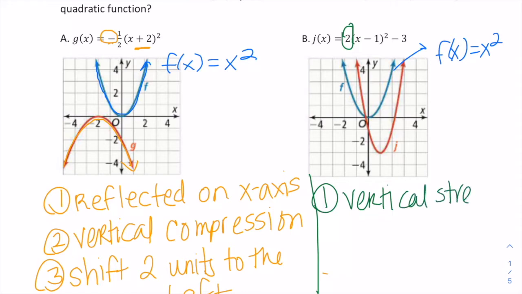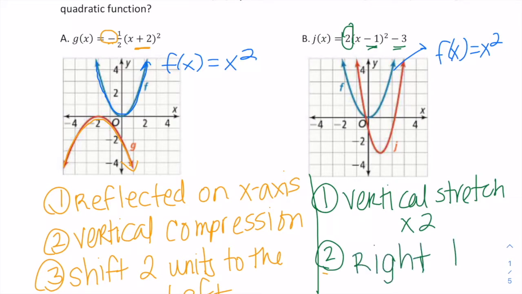And I could say, well, everything's being multiplied by 2, right? And then there's going to be 2 shifts. So it's going to go to the right 1 unit, and then it's going to go down 3 units.